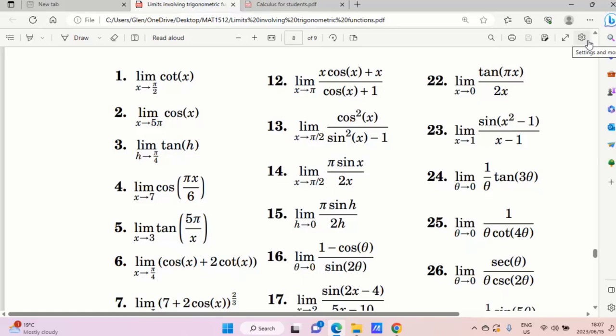And I substituted in pi over 4. Then cos pi over 4 gives me 1 over root 2 plus 2 times 1 over root 2 all over 1 over root 2. Then the 1 over root 2 on the numerator, and the 1 over root 2 on the denominator cancel out each other. So I'm left with 2. So that's how I got 1 over root 2 plus 2.